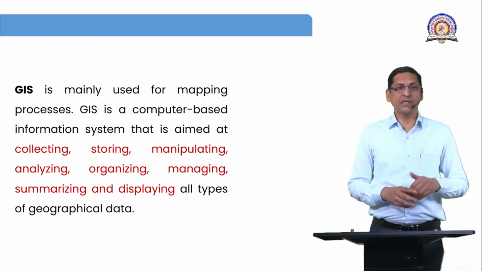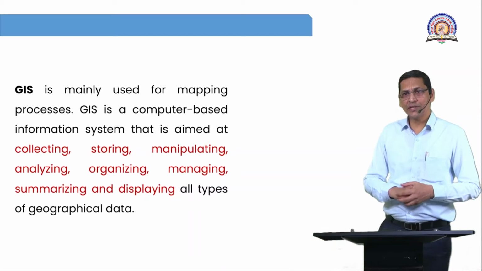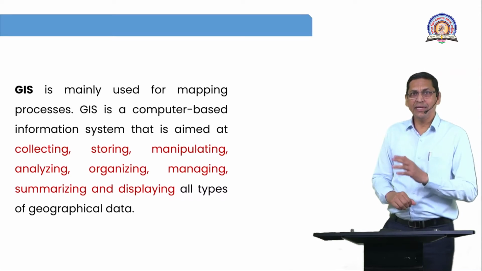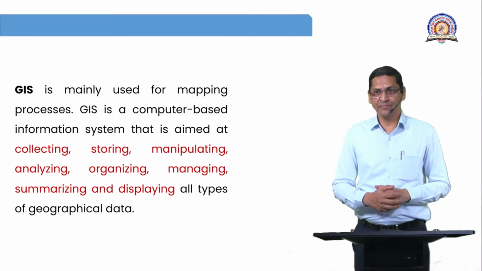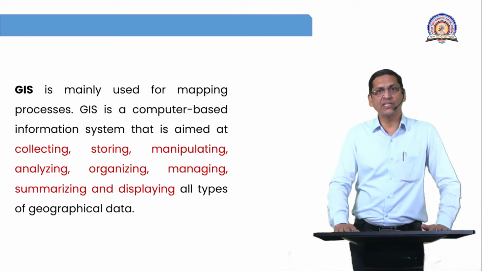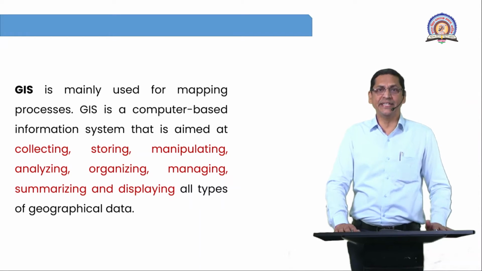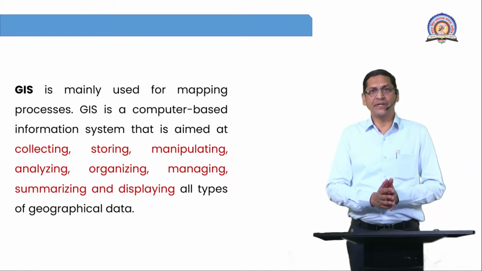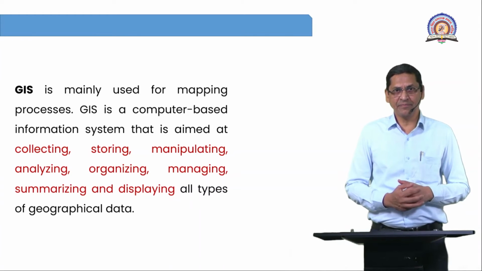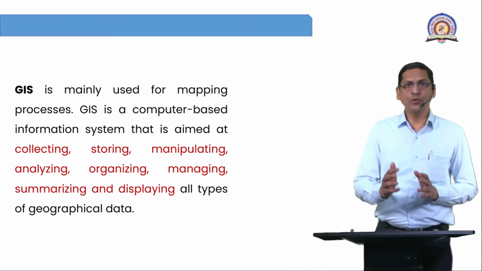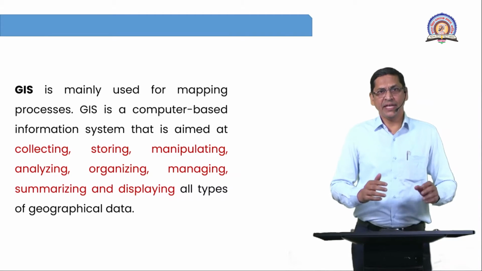GIS is a computer-based information system that is aimed for... So, what are the aims of GIS? The aims of GIS are collection of the data. Then, it can be used for storing the data, storage of the data. GIS gives us a large size of data, and therefore we have to store this data for future purposes.